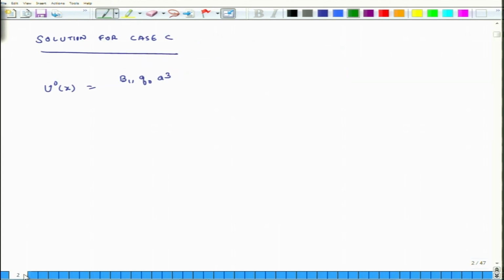With that understanding, u naught x we had calculated was b11 q naught a cube by 24 script a11 times d11 times 4 x by a cube minus 3 x over a plus 1, okay.